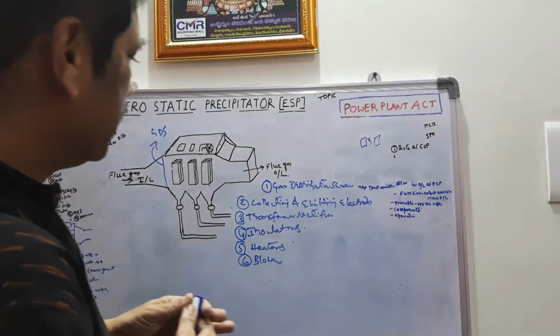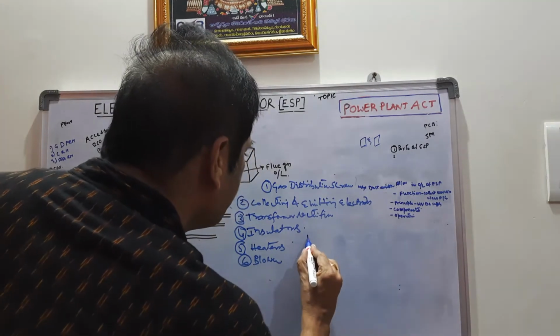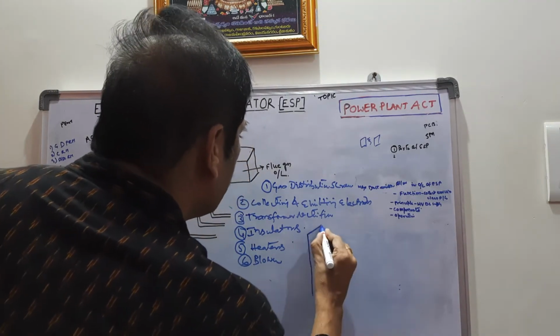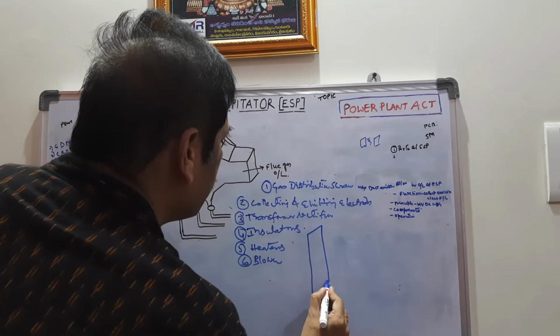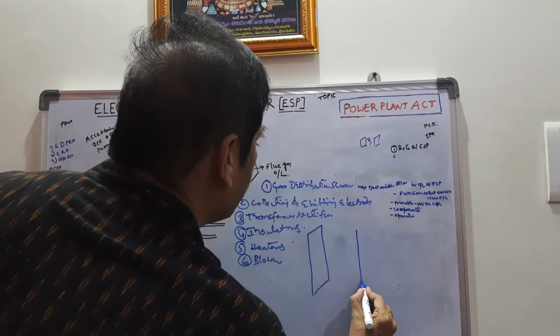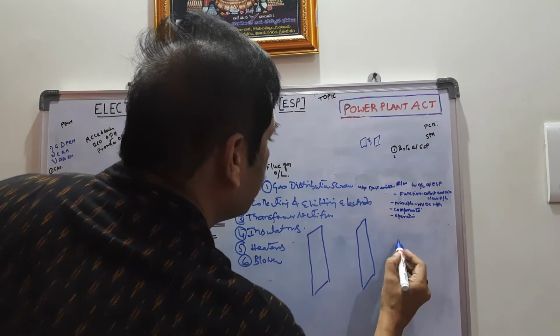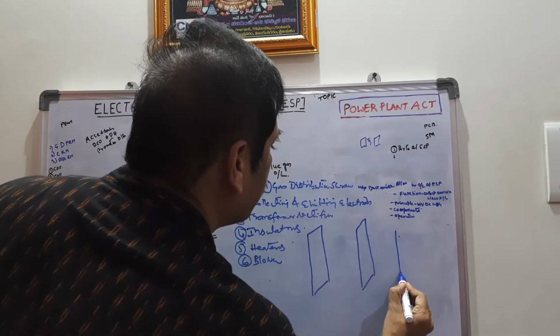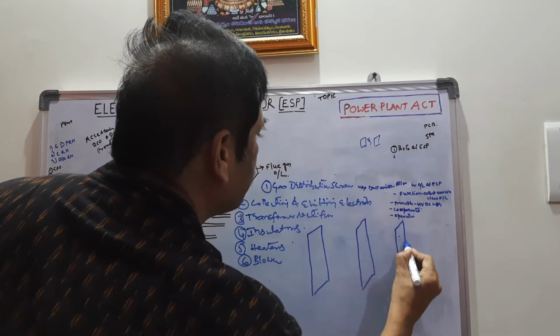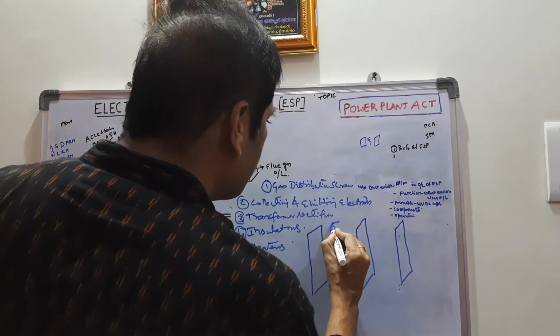I will show how it functions. Suppose these are the three collecting electrodes.